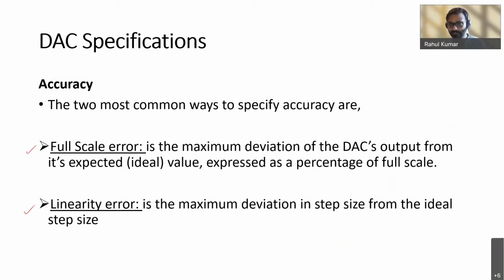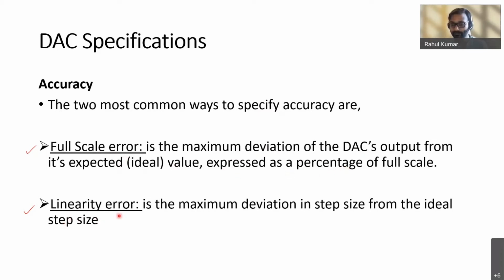Full scale error is the maximum deviation of the DAC's output from its expected value. Overall, what is the deviation between the ideal value it should be and whatever you are getting? That is your full scale error. It is expressed in percentage.